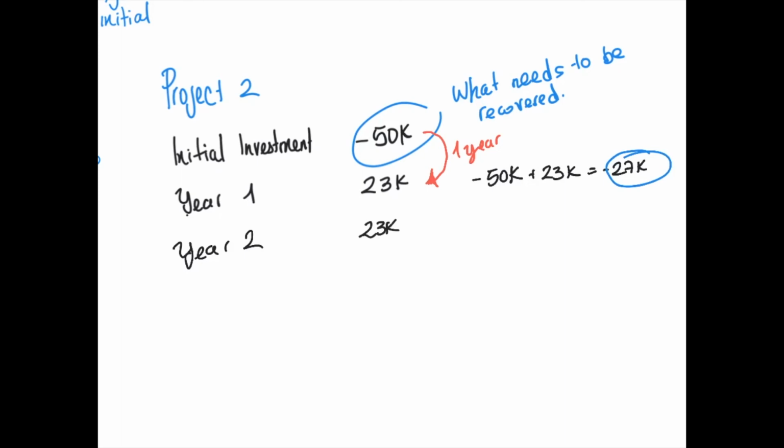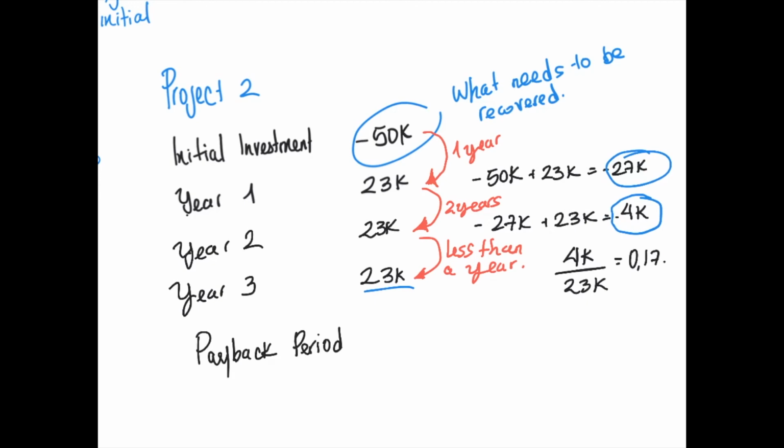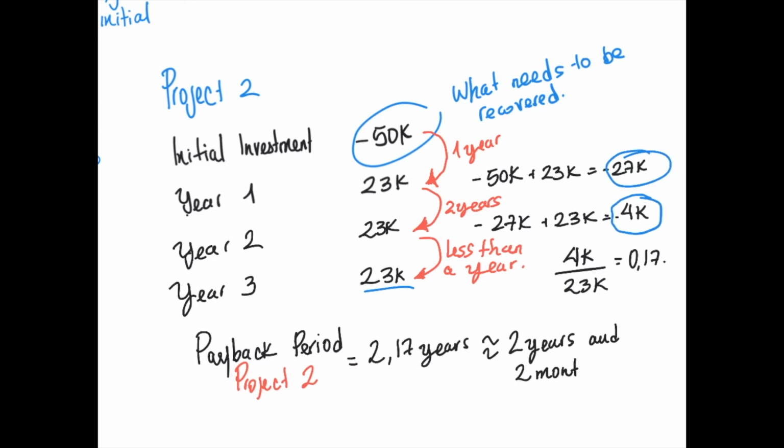In year 2, they will recover another $23,000. So after 2 years, they have only $4,000 to recover. In year 3, they will recover another $23,000. So I divide 4,000 by 23,000 and I have 0.17 years. So the payback period of project 2 is 2.17 years, which is equivalent to 2 years and 2 months.